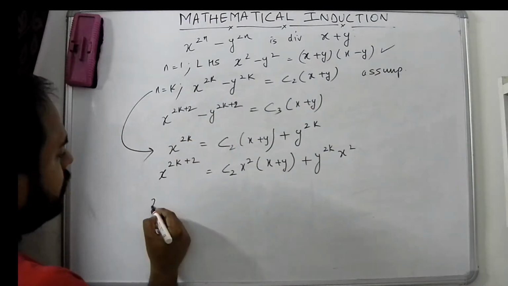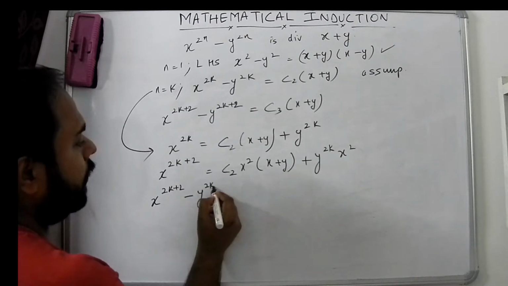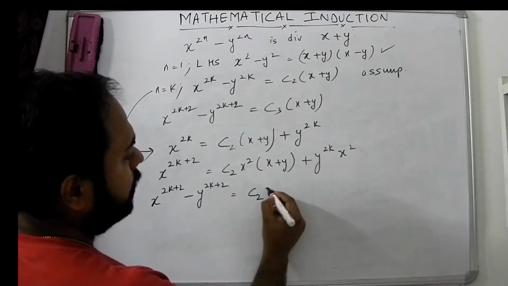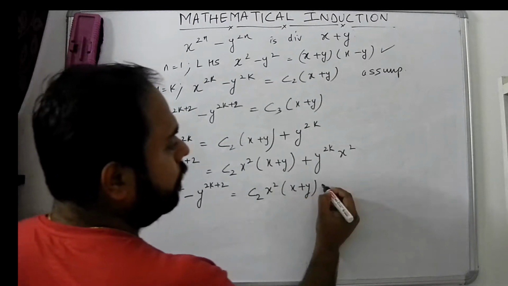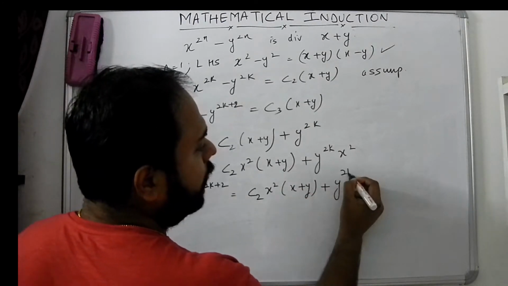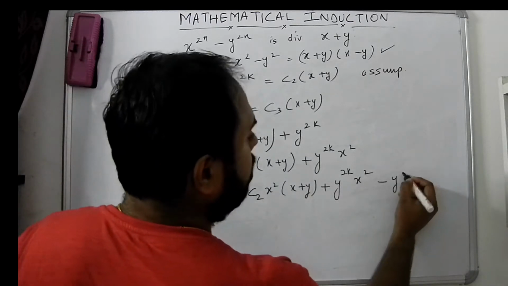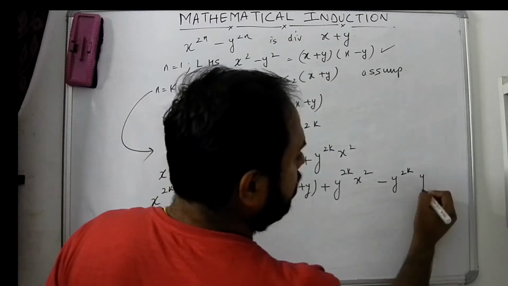So what I do is x to the power 2k plus 2 minus y to the power 2k plus 2, right? This is equal to c2 times x square (x plus y), keeping this thing constant, right, plus y to the power 2k x square minus y to the power 2k, and I am writing this y to the power 2k plus 2 as y to the power 2k times this y square, right?